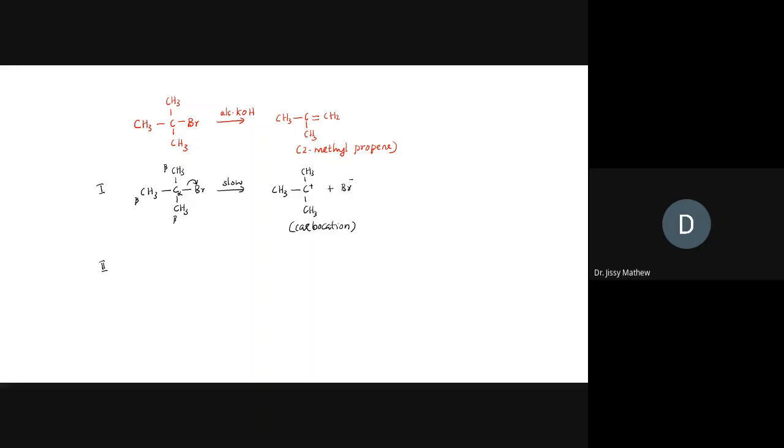So the base abstracts one of the hydrogens as a proton.